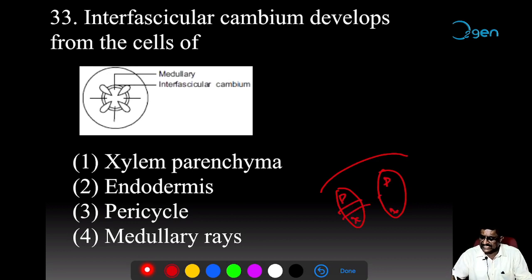In between these two, there is a cambium, called intrafascicular cambium, and this is parenchyma which will be differentiated. It is called interfascicular cambium. So such interfascicular cambium is developed from the parenchyma present in medullary rays. So option D, or the fourth option, is correct.